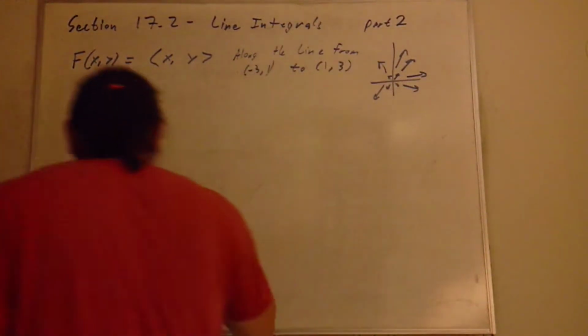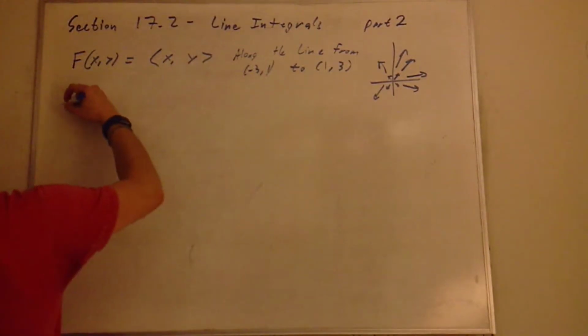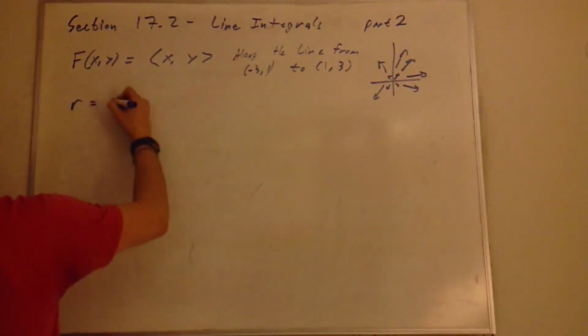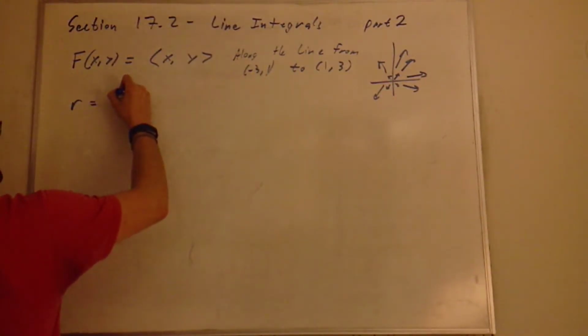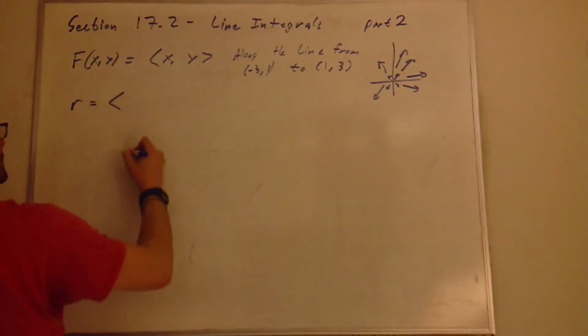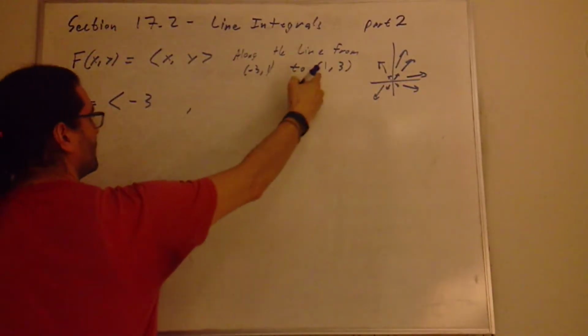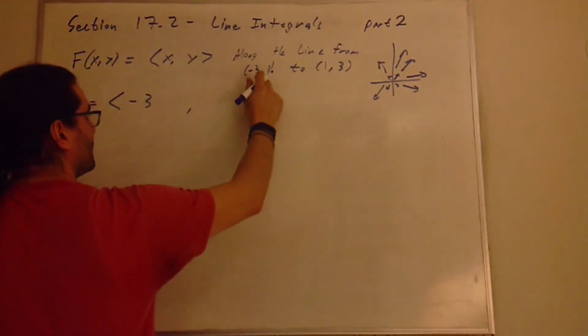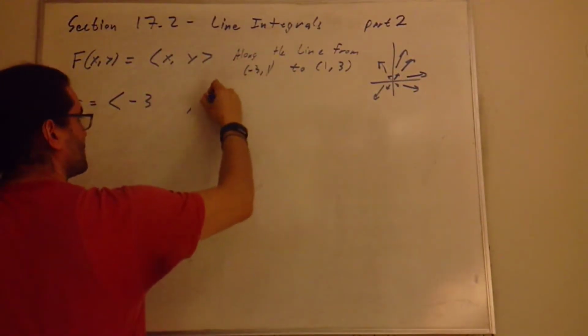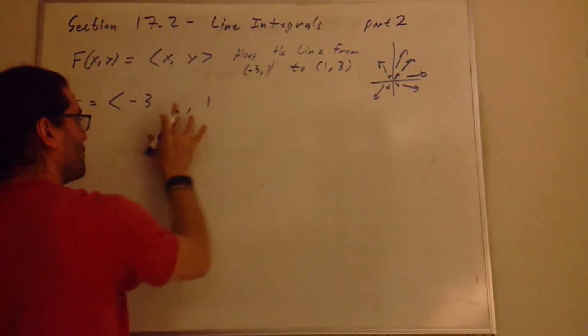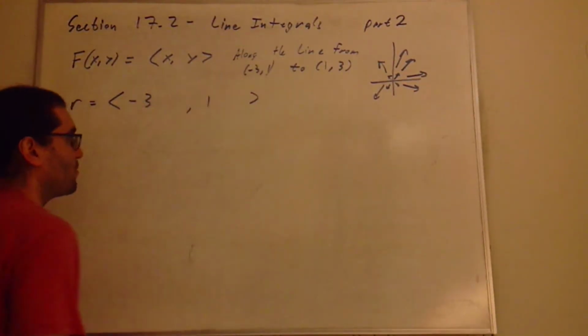If you're going to parameterize a curve like this, the parameterization is always pretty much the same. Make a vector that starts with your starting point. Our starting point is -3 on the x and 1 on the y.